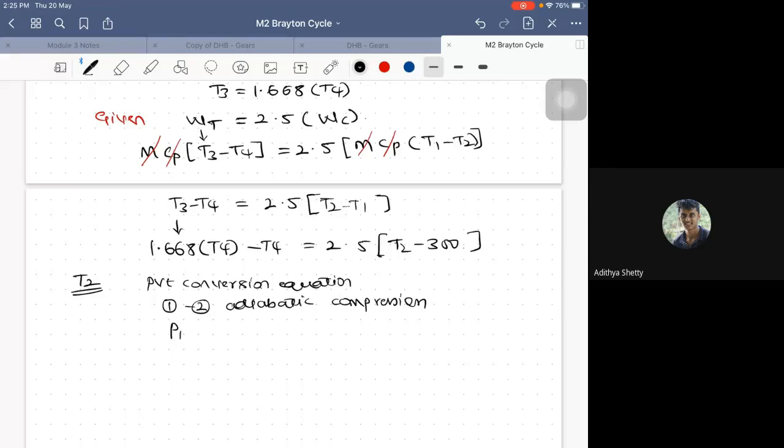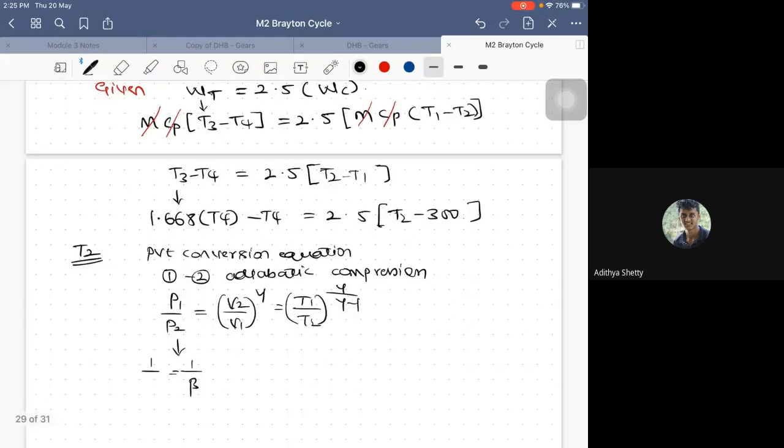So for adiabatic conversion, 1 to 2 is P1 by P2 is equal to V2 by V1 whole to the power of gamma, that is equal to T1 by T2 whole to the power of gamma divided by gamma minus 1. P2 by P1 is beta, so P1 by P2 is 1 divided by beta. So it is 1 divided by 6, equal to 300 divided by T2 whole to the power of 1.4 divided by 1.4 minus 1.